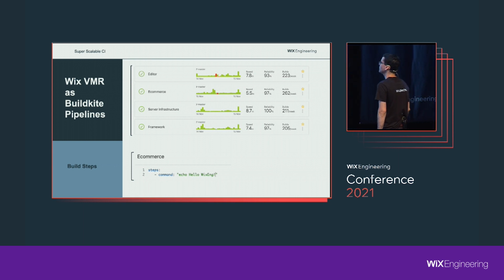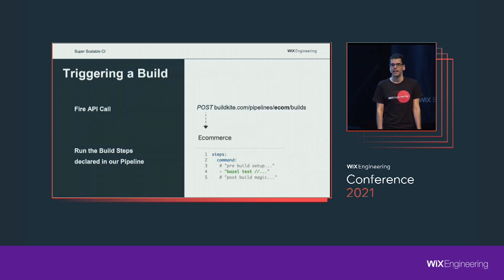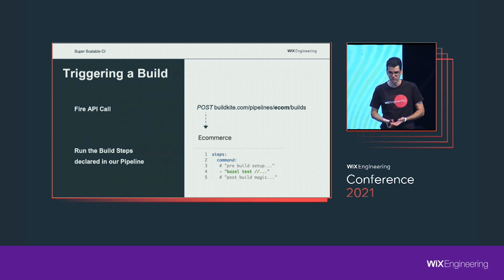And then we have to configure what is happening when the ecom pipeline is being triggered. So in this case, when you're running an ecom build, it will print out hello Wix engineering. And that's cool. And there's a way to actually trigger the build using an API. You post to /pipeline/ecom/builds, and then the build will start. But we don't want the ecom build to run hello Wix engineering, right?